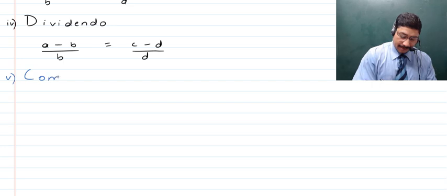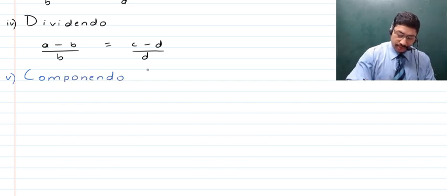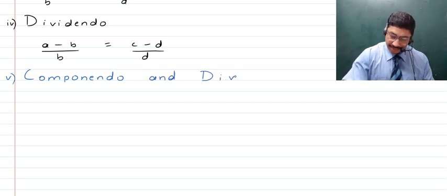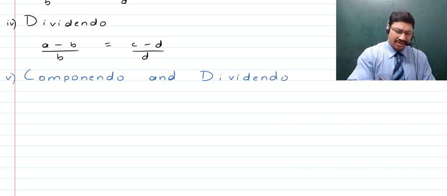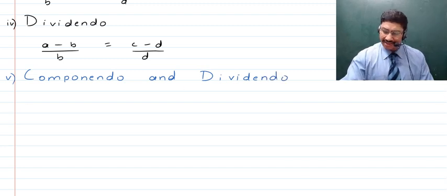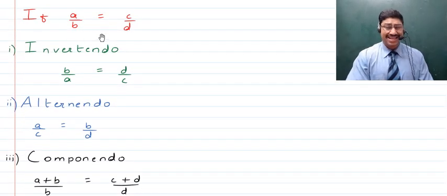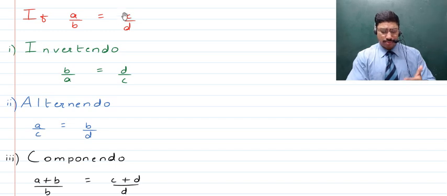That is componendo and dividendo. And here, children, remember again what we should be having is A upon B should be equal to C upon D. That is, there should already be an existing proportion.